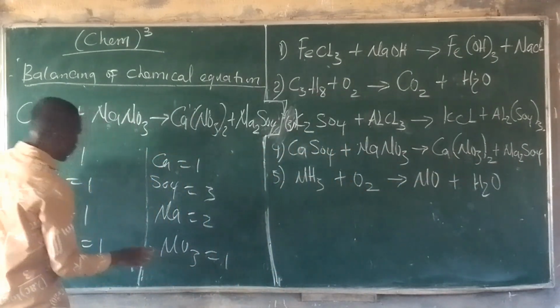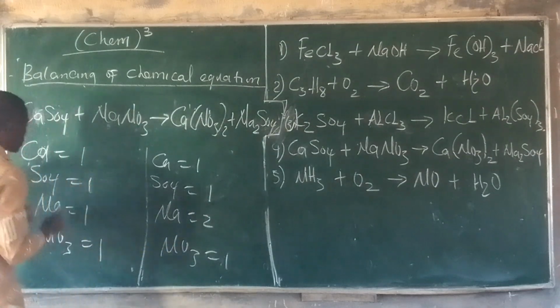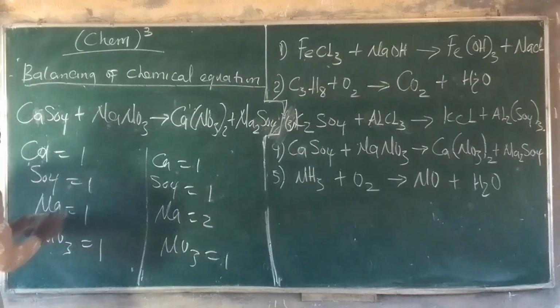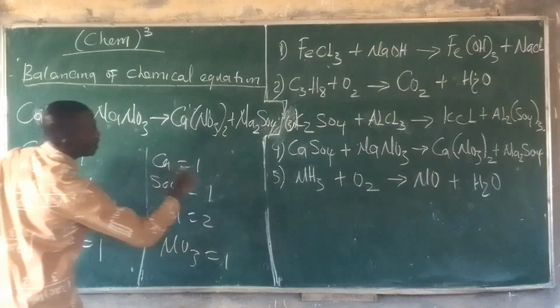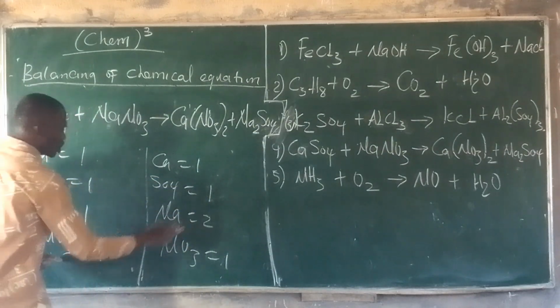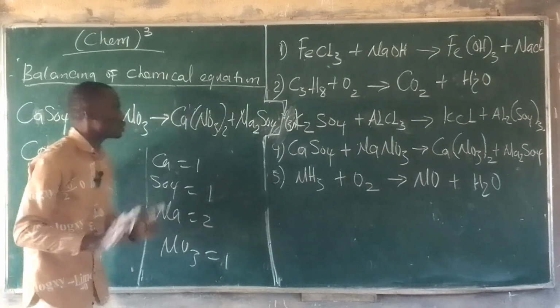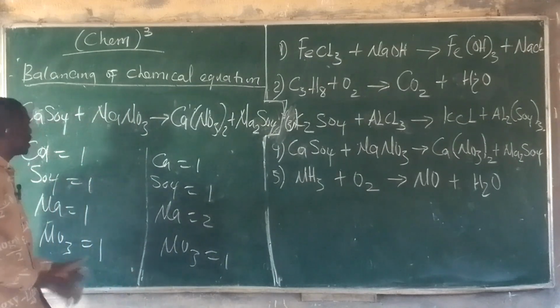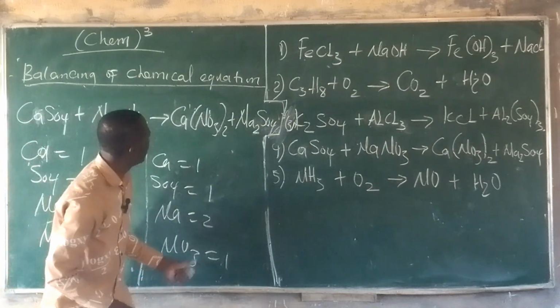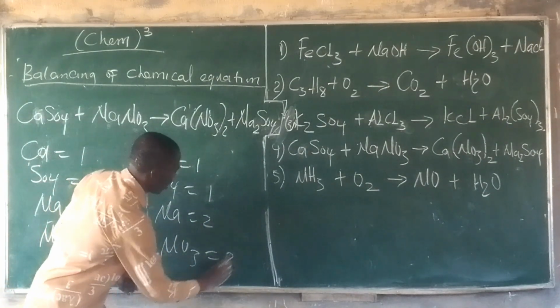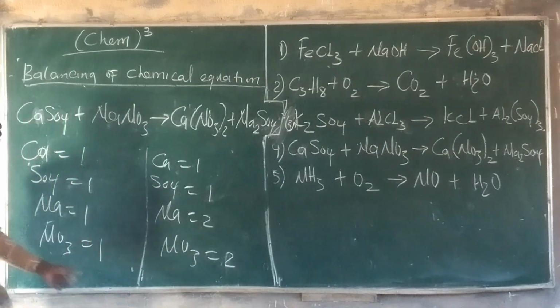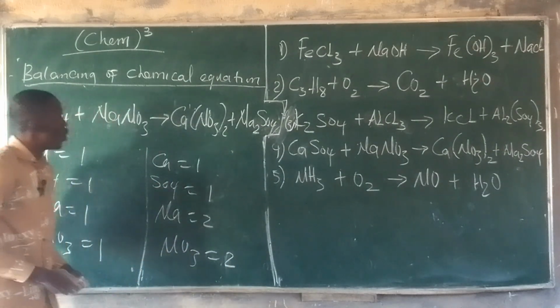So over here, SO4, where is it? SO4 is 1, SO4 is 1. Sodium is 1, sodium is 2. Okay? We have a problem with sodium. That is what the problem is. Now, NO3 is 1, NO3 is 2. Alright? So we have a problem with sodium, we have a problem with NO3.